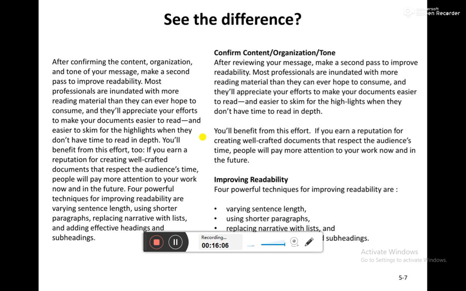So the techniques for readability have been discussed here and here, but here the headings have been given and the powerful words are written, and here it has been written in a flow. So the reader can easily understand everything from here as well.